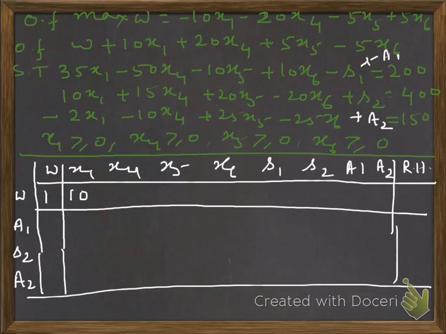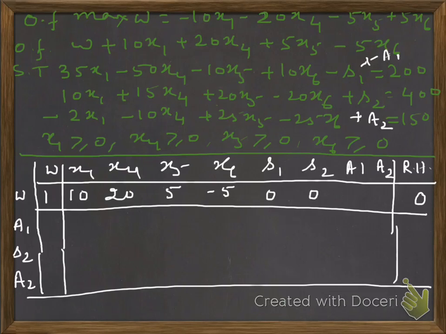The coefficient of x4 in the W line is 20, the coefficient of x5 is 5, the coefficient of x6 is -5, the coefficient of S1 is 0, S1 is not there, the coefficient of S2 is also 0, A1 and A2 are also not there. We can write 0, but we want to do something, so let us hold those coefficients right now. The right hand side value is 0.